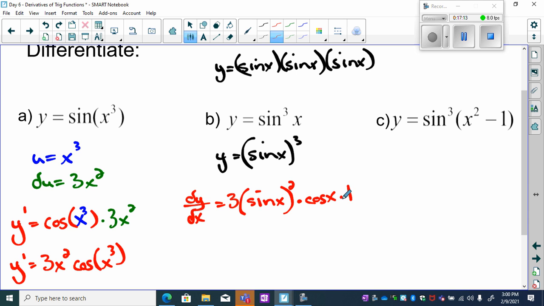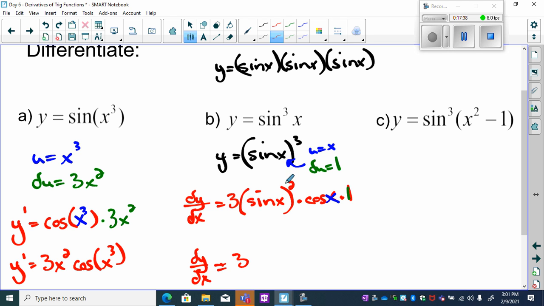And if you're wondering where the 1's coming from, it's because my u value is x and my du is 1. So that's where that came from. To clean this up, I will just go 3 times 1 is 3.